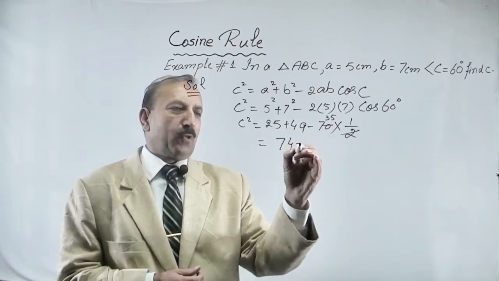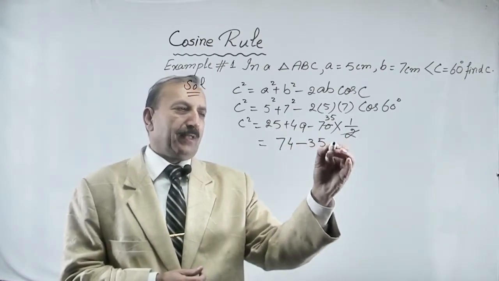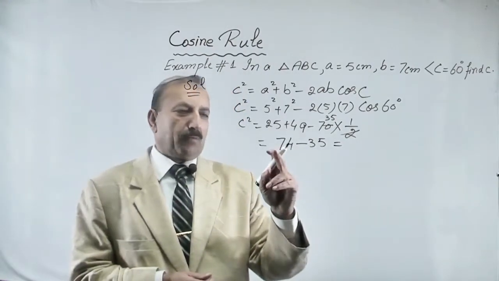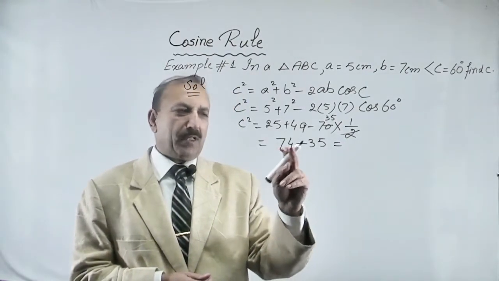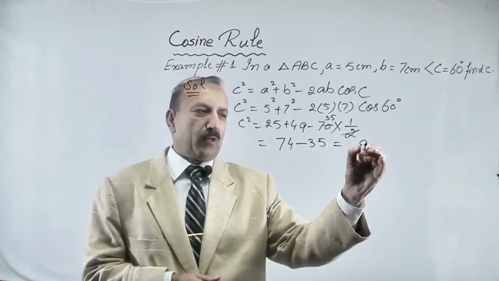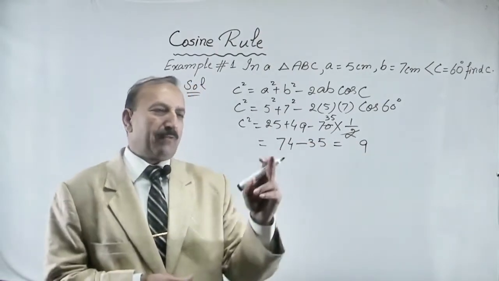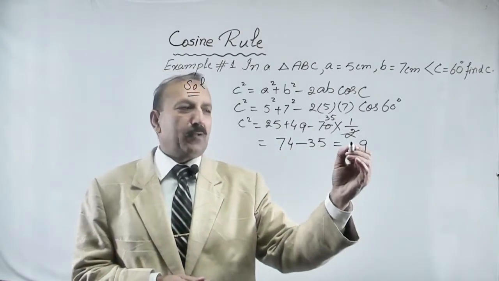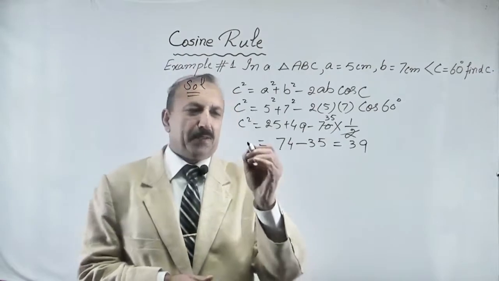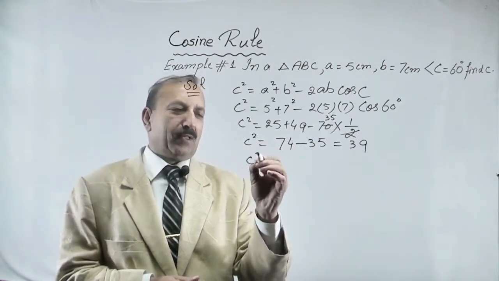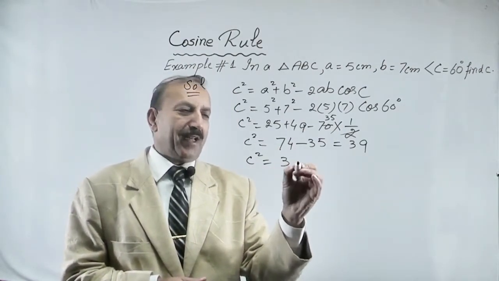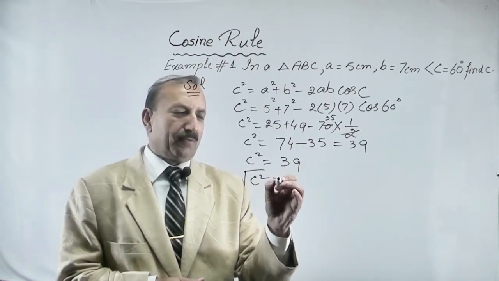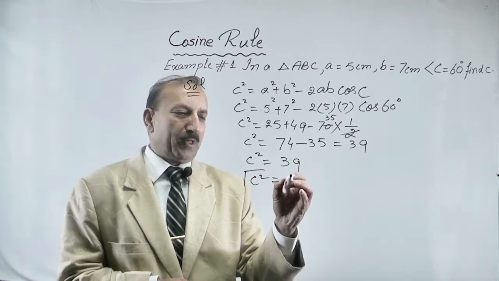This is 74 minus 35. Let's subtract this 35. Now borrow 1 from 7, this is 14, and when we subtract 5 from 14, we get 9. We left 6 here, and when we subtract 3 from 6, the value is 3. So C squared equals 39, and let's take the square root on both sides.